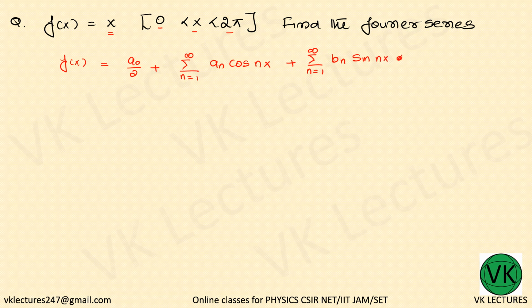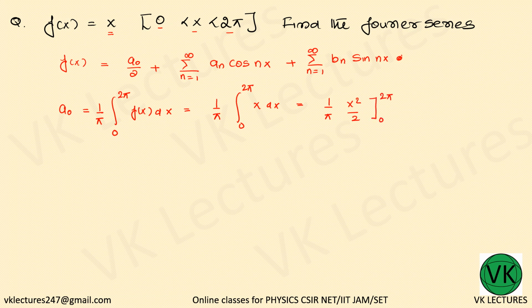Okay. So what is a naught? You are going to find a naught here. a naught equals 1 by pi times the integral from 0 to 2 pi of f of x dx, that's equal to 1 by pi times the integral from 0 to 2 pi of x dx, which is 1 by pi times x square by 2, with limits from 0 to 2 pi.